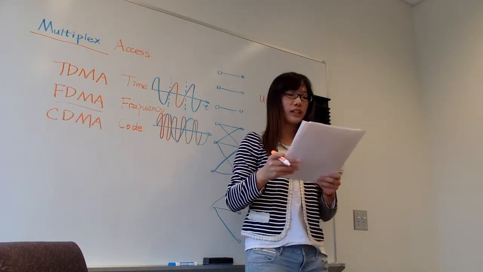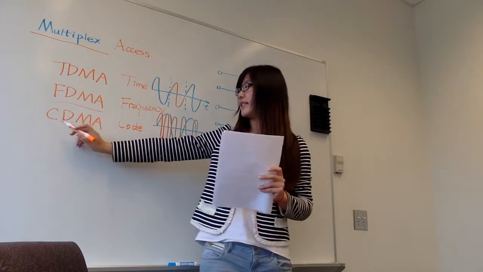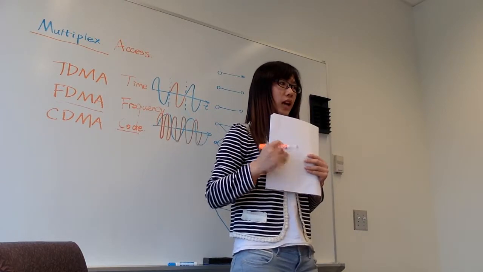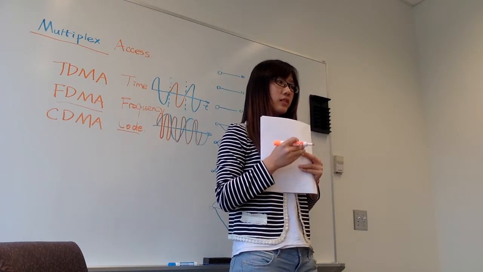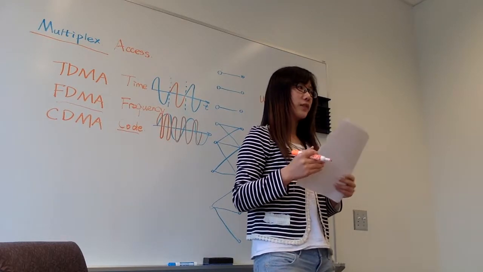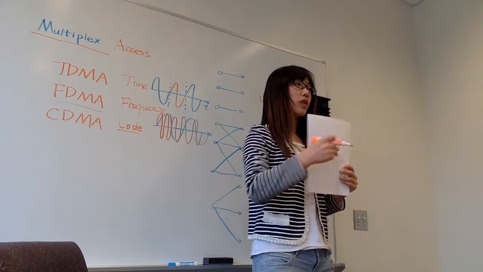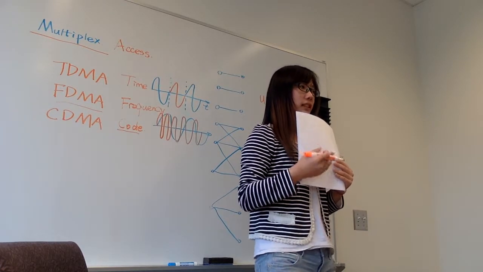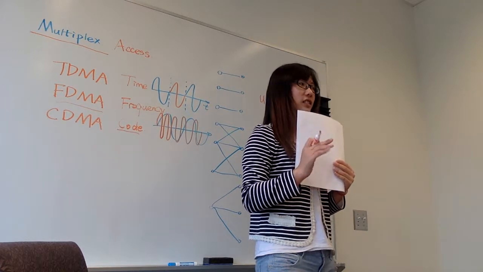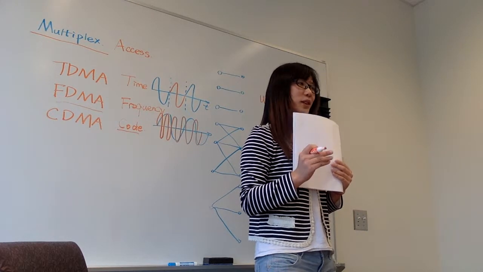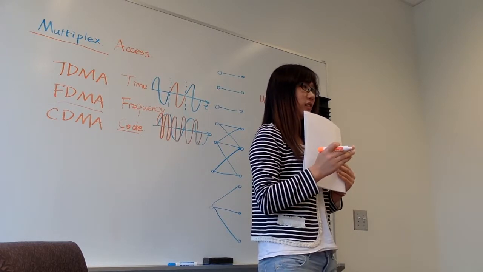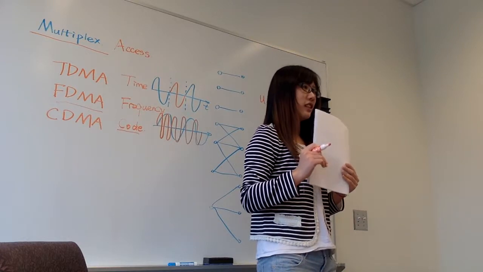Then I will go to the last one. It is called CDMA. This one is a little bit abstruse to understand. But also back to that example I gave you. This time, we all want to talk with each other, but Hongjian only knows Chinese, and he doesn't know English. And Ran only knows English and he doesn't know how to speak or understand Chinese.